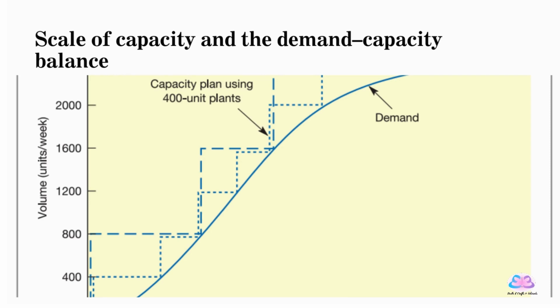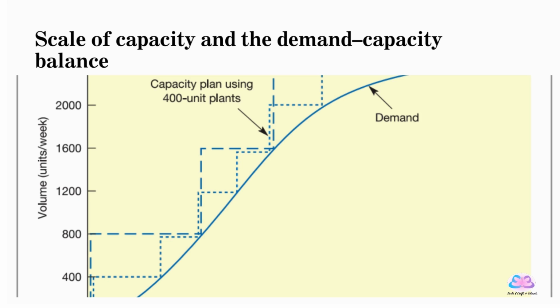Large units of capacity also have some disadvantages when the capacity of an operation is being changed to match changing demand. For example, suppose that an air conditioning unit manufacturer forecasts demand to increase over the next 3 years, as shown in Figure 6.9, to level off at around 2,400 units a week.